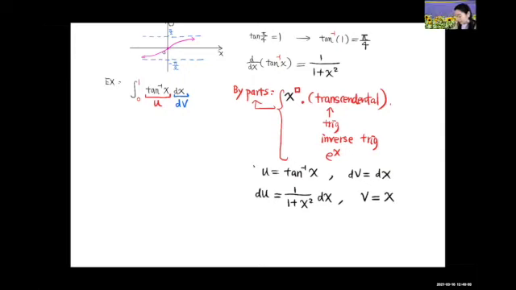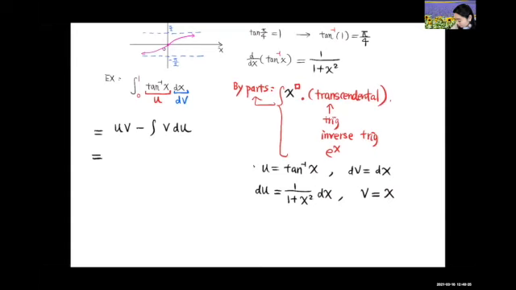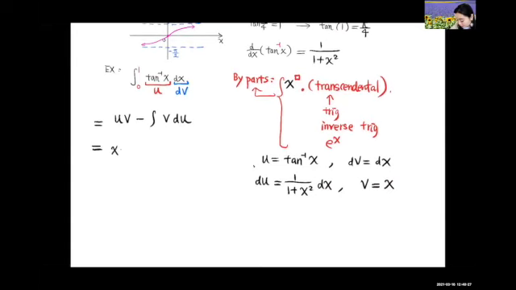Just x. So using the integration by parts formula, this will be equal to uv minus integral of v du. So that will be x inverse tangent of x minus integral of v du. So x times du here will be this dx. Now I think I better not put this one here because this is a definite integral.